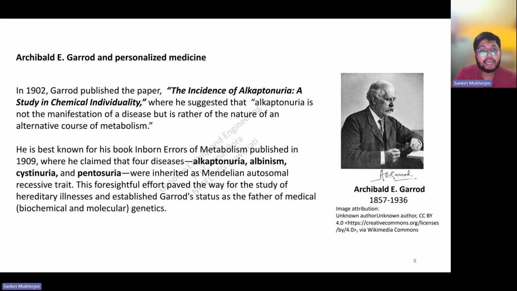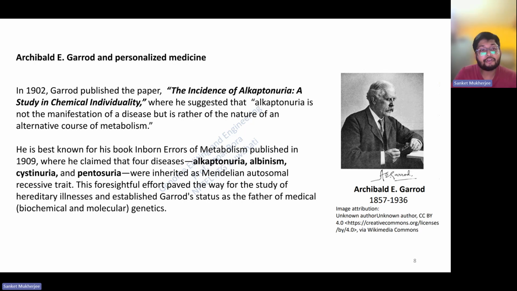So Archibald Garrod and personalized medicine: in 1902, he published the paper The Incidence of Alkaptonuria, a study in chemical individuality, where he suggested that alkaptonuria is not the manifestation of a disease, but is rather of the nature of an alternative course of metabolism.